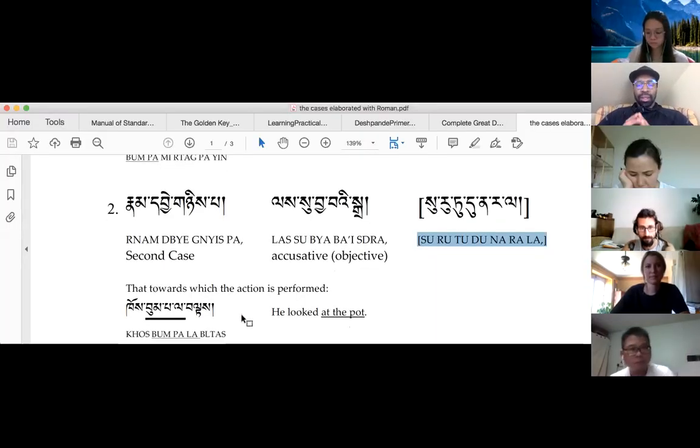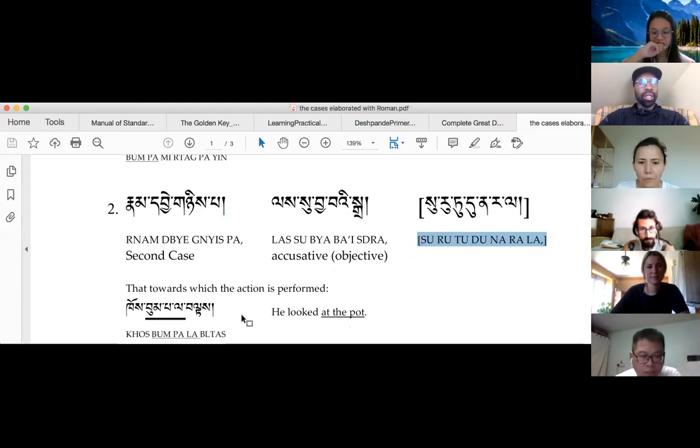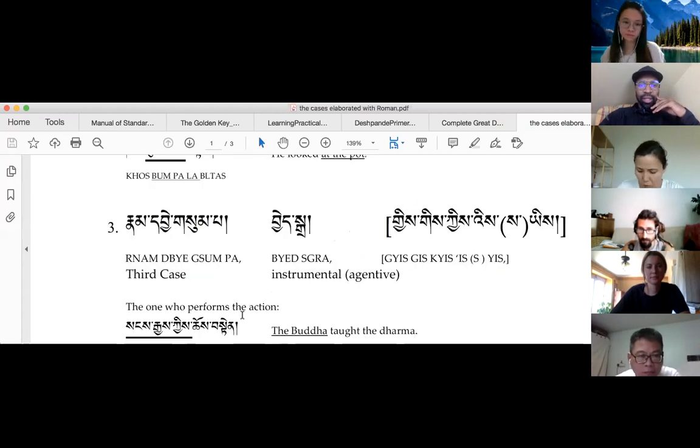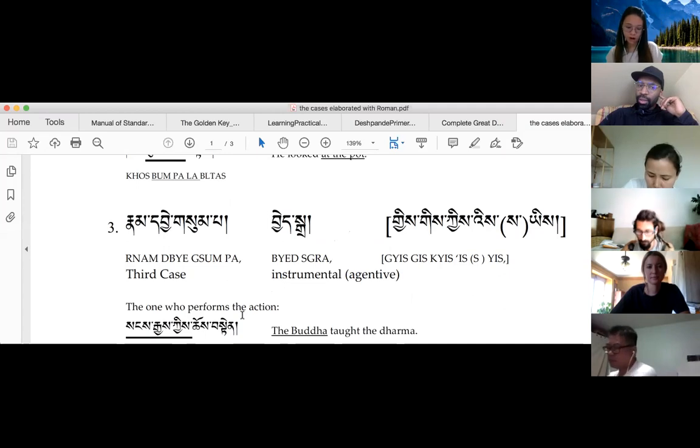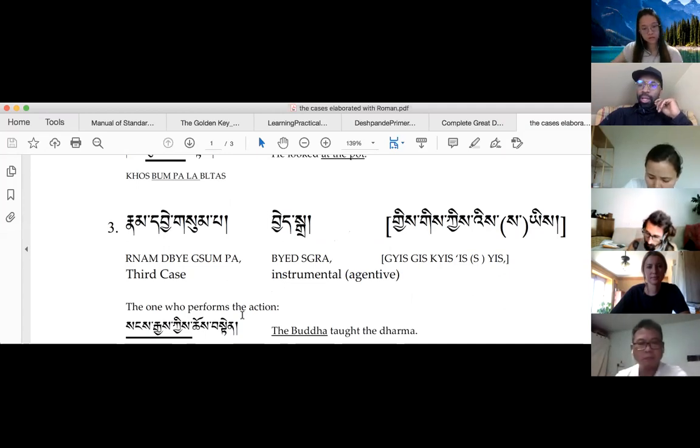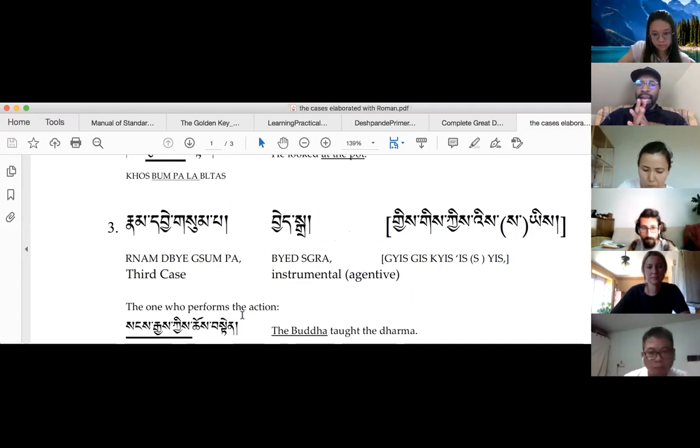So that's the accusative case, which we usually say direct object. So the thing you're acting on in the sentence. That's all. Okay, the third case is the instrumental, also called agentive. So this is marking the thing performing the action in the sentence, right?